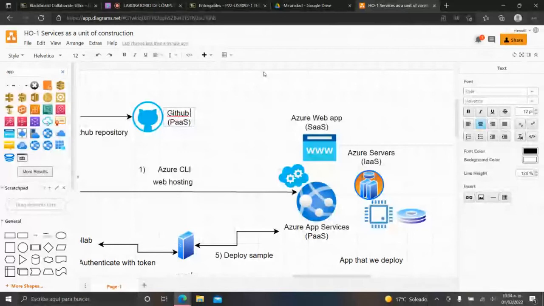Once you have all these services, then comes the part of really implementing the application. There are two important things that we used.